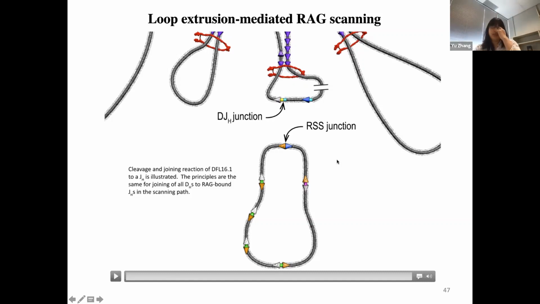So this video shows you that chromatin loop extrusion can also be the driving force for class switch recombination by participating in the various steps of this process, including the synapsis and the breakage and the repair process.